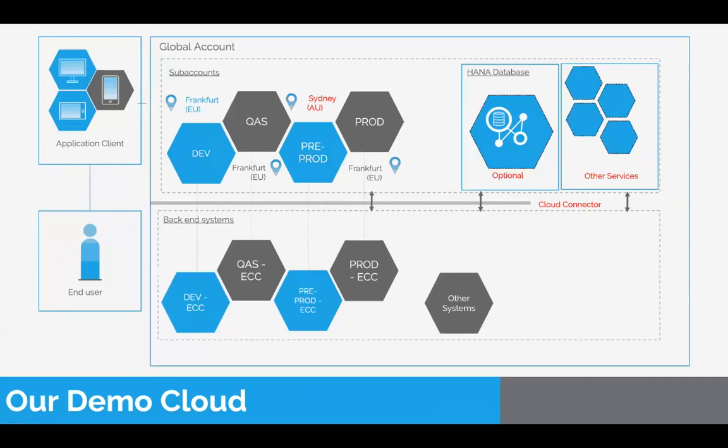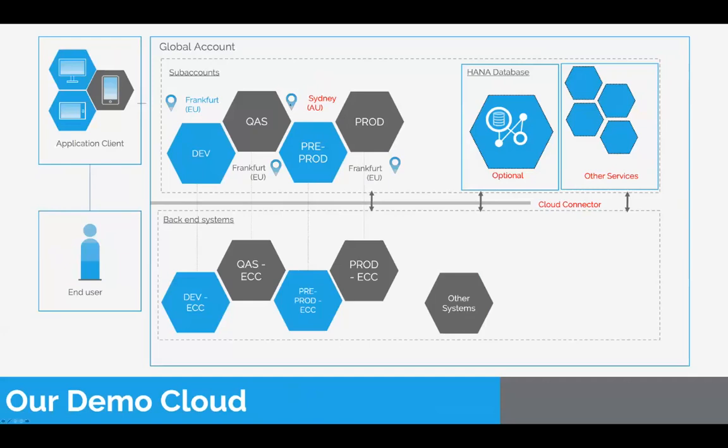So we would map a dev to a dev box in the cloud, or a sub-account in the cloud. And when you start spinning up these tenants and services, you need to think about the regions as well, because you want to make sure you've got DR capabilities and all that. The cloud manages that really well. Also, the SLAs within the SAP Cloud Platform are very, very good, but you do need to think about it in terms of the architecture.